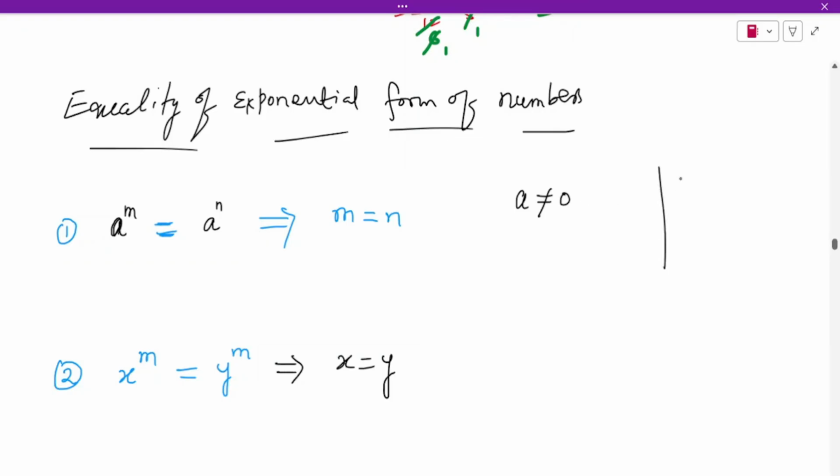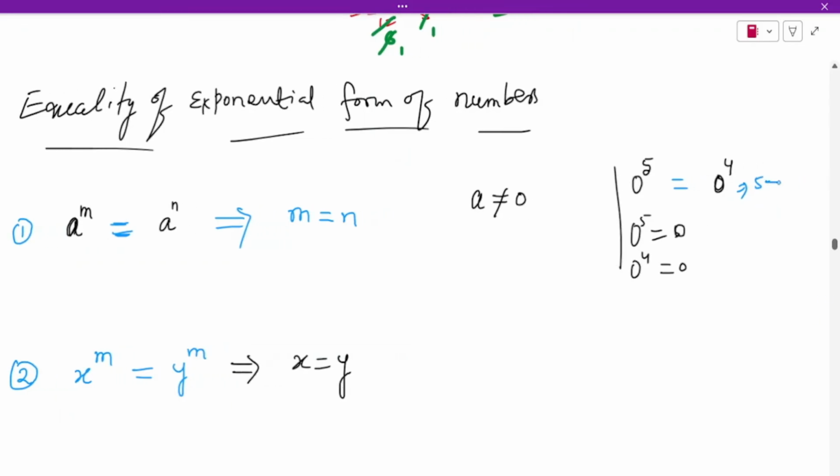For example, if I'm taking 0 to the power 5 and 0 to the power of 4, 0 power 5 value is also 0, as well as 0 power 4 is also 0. Although these two values are equal, the exponents 5 and 4 are completely different. So this law holds true for the base except the base is 0.